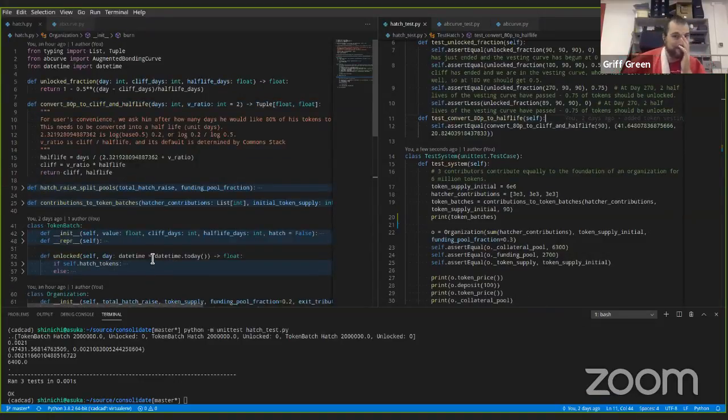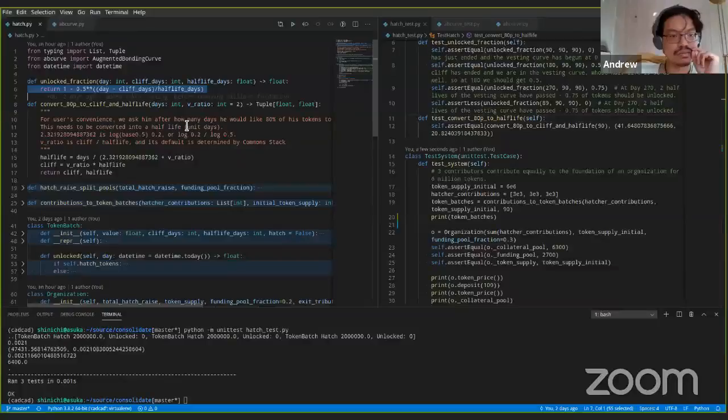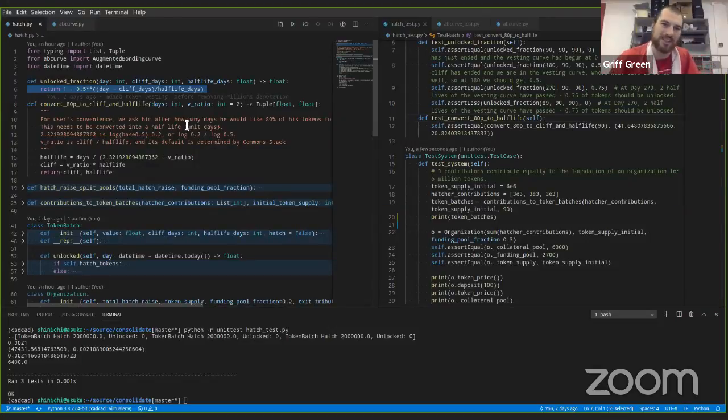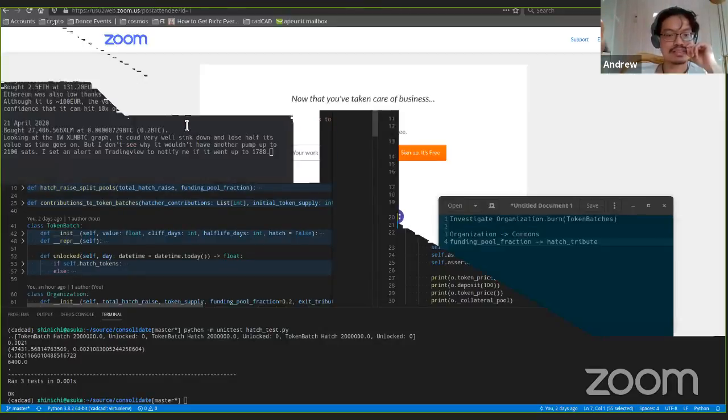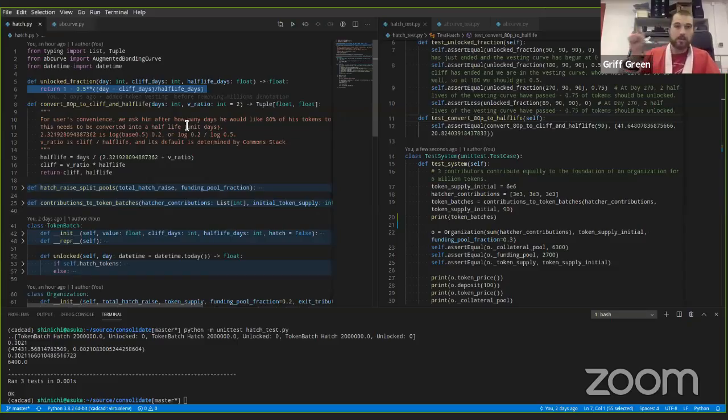The curve was integrated into that thing. I think it's this one. Okay, so unlocked fraction, there it is. Unlocked fraction could be the vesting curve. But it's not just the vesting, it's the vesting and the half-life, right? Yeah, the vesting curve is this cliff plus half-life. This is the curve that defines when tokens are vested or not.